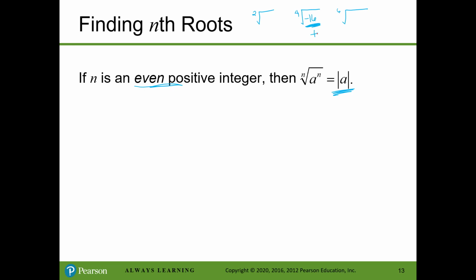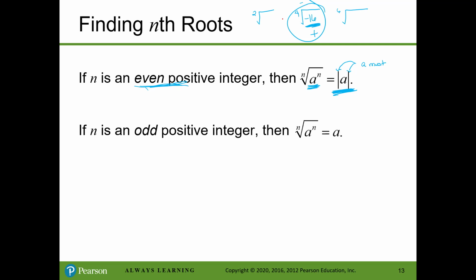Are you with me? Which is why if I am taking an even root of a variable, I need to make sure it stays positive, which is why the absolute values are a must. I need to make sure the variable will always stay positive, because if it goes negative, I'm in trouble.